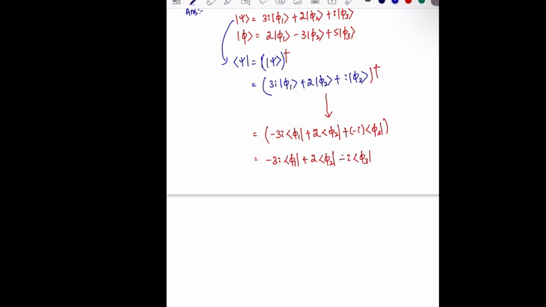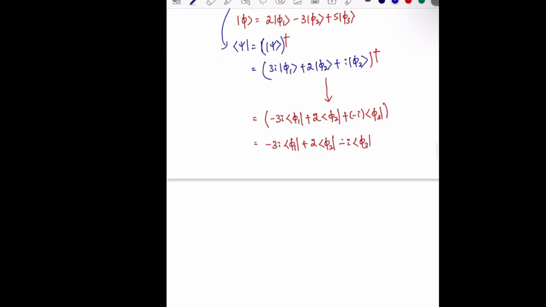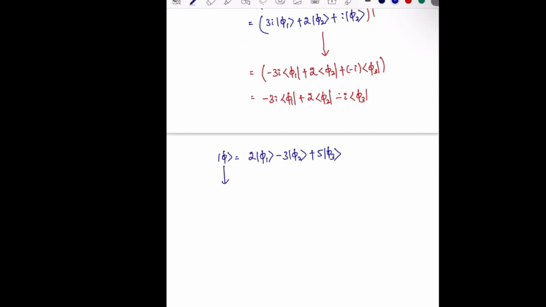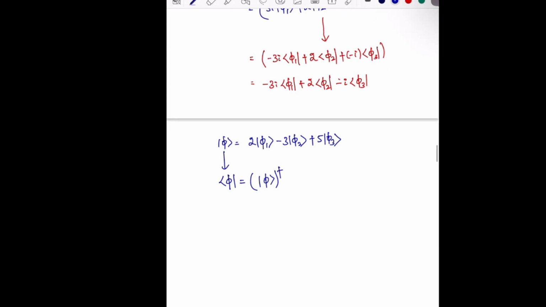So for the second one, I think now everyone can solve it. The second one is 2 phi 1 minus 3 phi 2 plus 5 phi 3, and you want to find out what is the bra vector corresponding to this ket vector. So take the dagger of this ket vector.